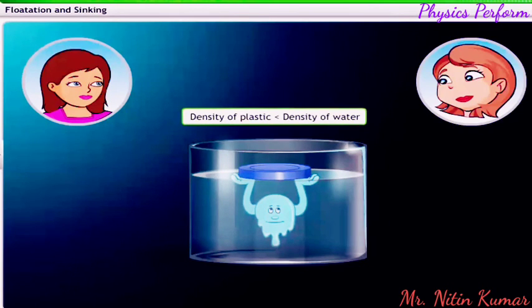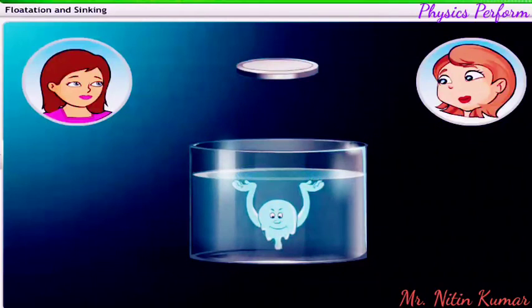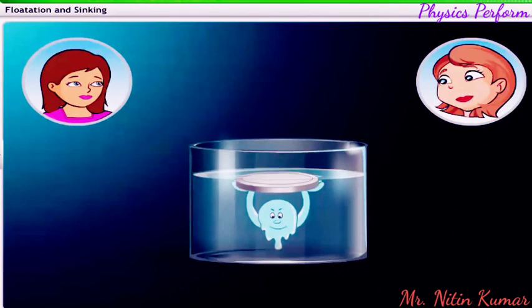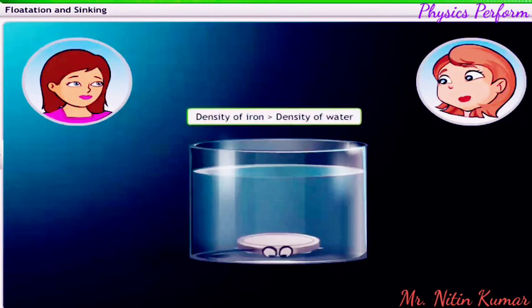Therefore, the upthrust of water on the plastic coin is greater than the net weight of the coin. On the other hand, the iron coin sinks because the density of the iron coin is higher than the density of water. Therefore, the upthrust of water on the metal coin is not able to overcome the net weight of the coin.